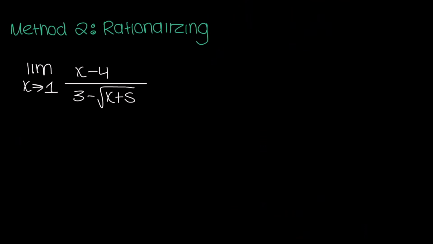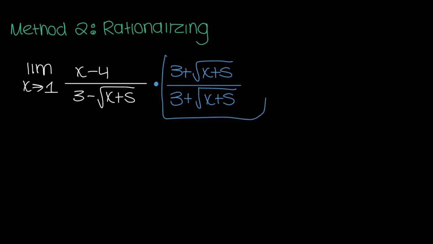And the idea with this is we multiply this by something that's equivalent to 1, to change the denominator in a sense, right? So we multiply by this because in a sense, this is just equal to 1.